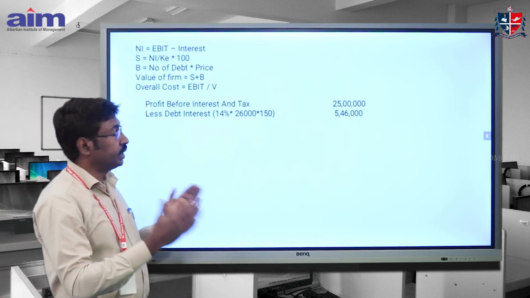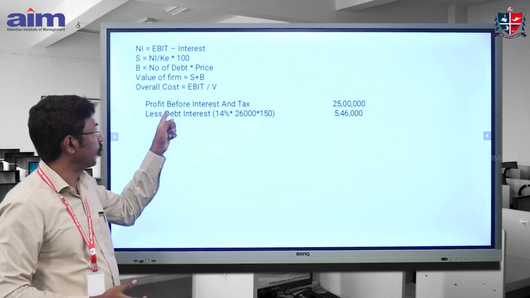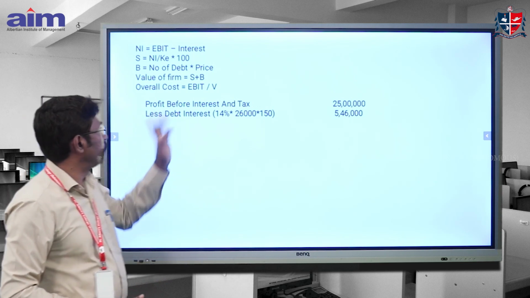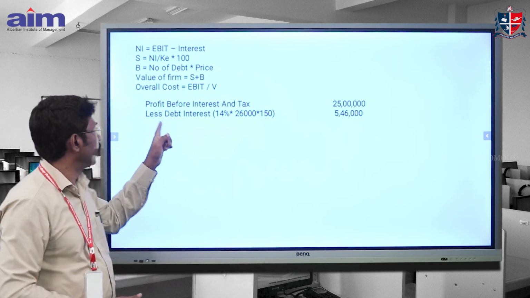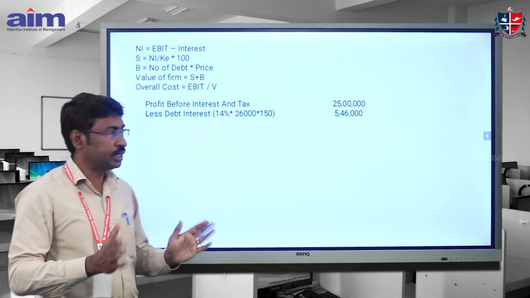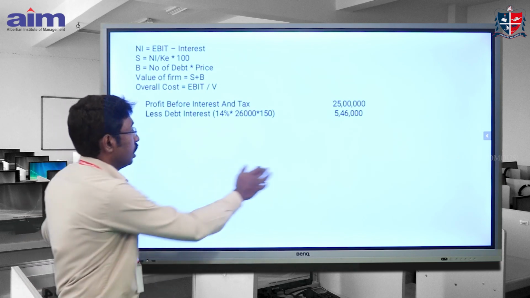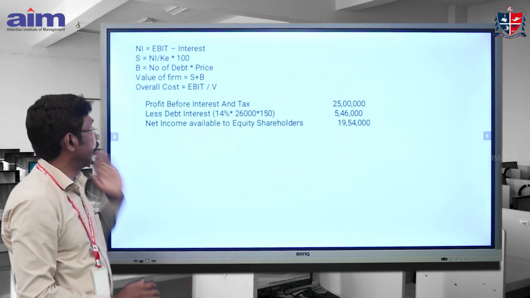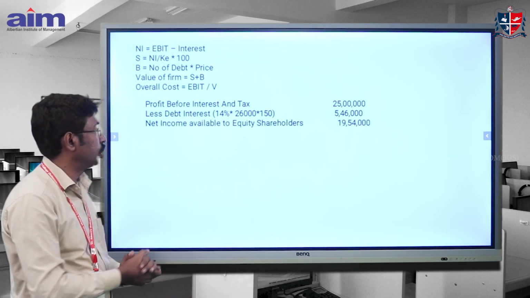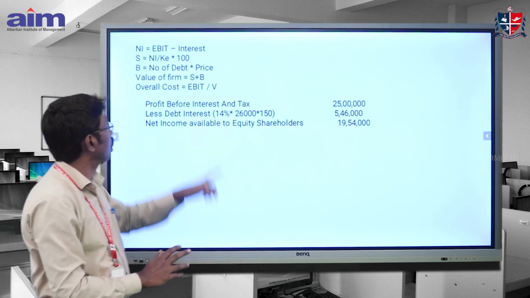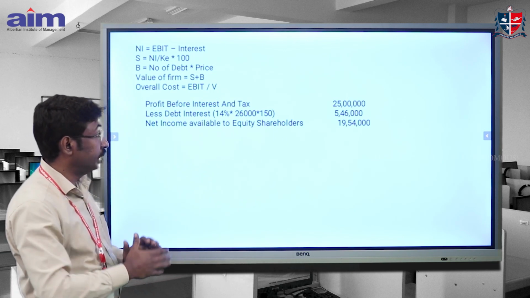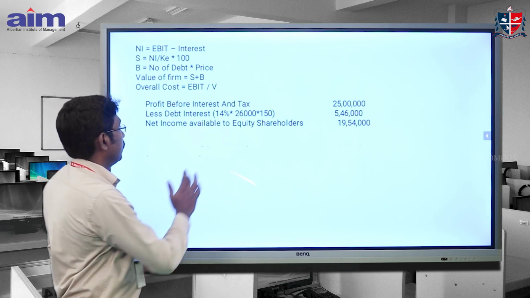Okay, so we'll see. This is from the question. Profit before interest and tax, 24 lakhs. That is given. If you deduct interest from this, you will get net income. Net income available to equity shareholders is 19 lakh 54,000.